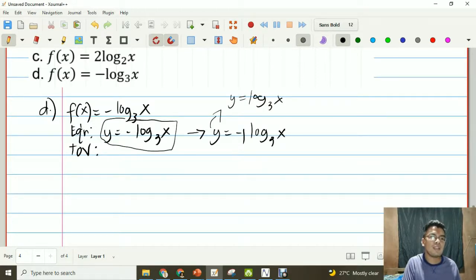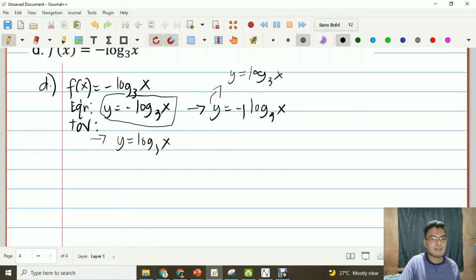So, para makuha natin yung table of values for this specific function, gagamitin natin yung table of values na nakuha natin kay y is equal to log base 3 of x. So, para magawa yan, we create our table. So, this will be x. This will be our y for log base 3 of x, and then this will be our y for negative 1 times log base 3 of x.